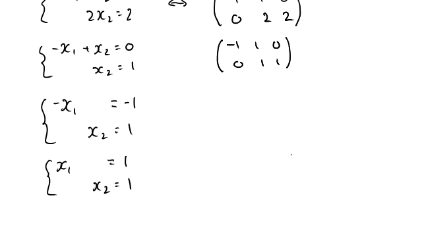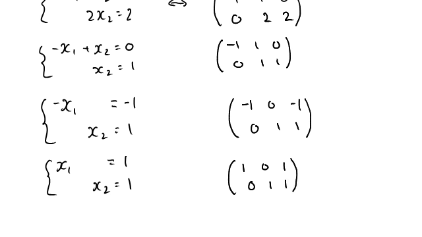I add minus 1 times the second row to the first. That's minus 1, 0, minus 1, 0, 1, 1. And in the final step, I multiply the first row by minus 1: 1, 0, 1, 0, 1, 1. The matrix is now in reduced row echelon form. And in this form, it's trivial to see what the solution is, 1 and 1.